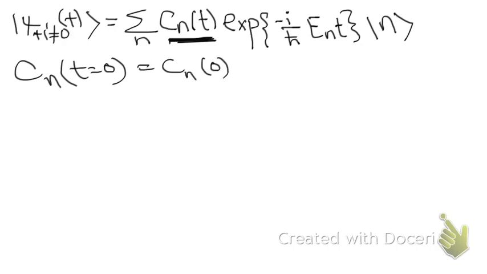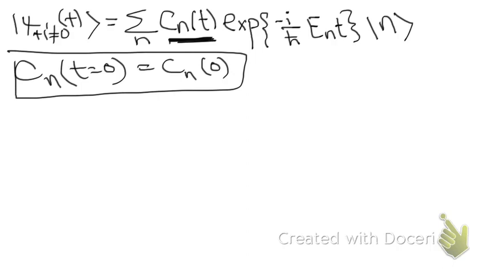This is when there is no perturbation. Now let's see how we'll write the Schrodinger equation for the time evolved state.